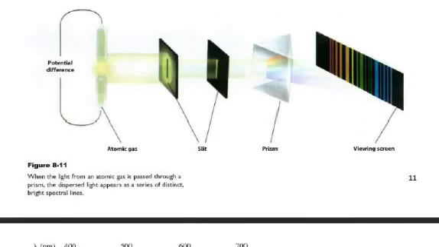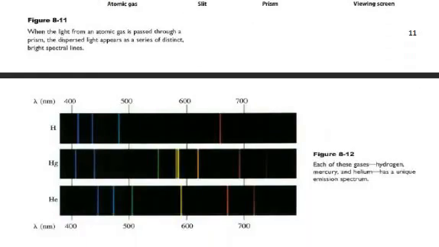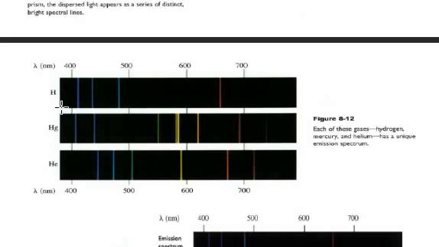Here is another example for different gases in this figure. You can see, for example, hydrogen gas has very few lines, mostly black. If we saw those lines in the spectra of any gas, we can directly say it's hydrogen gas.